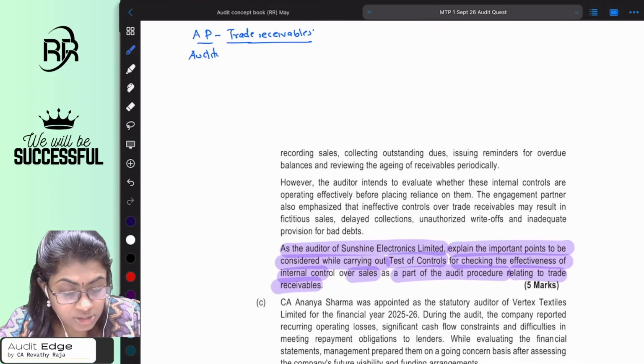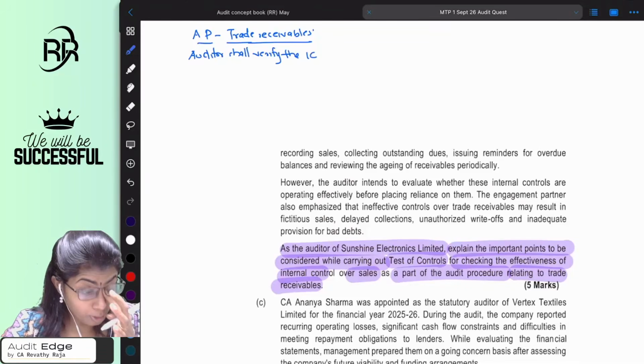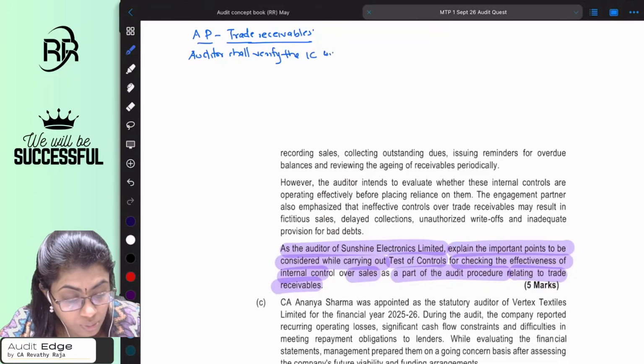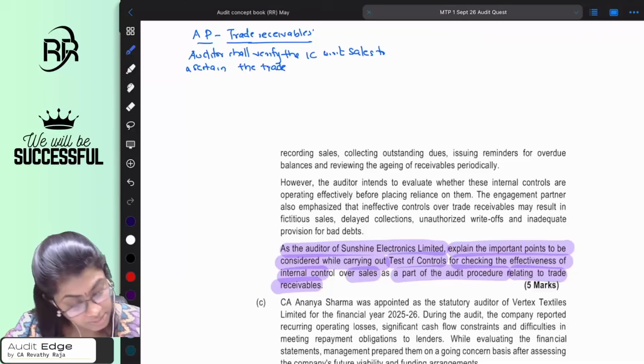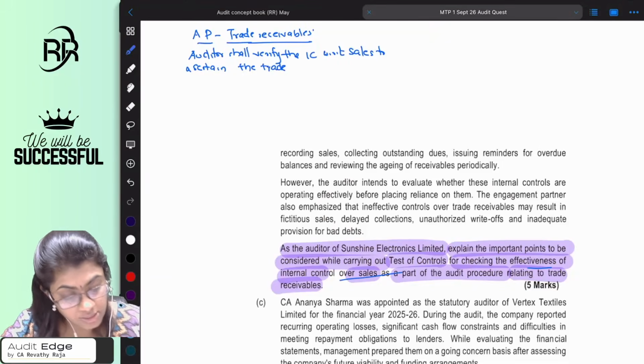Then you can just start writing. Auditor shall verify the internal control with respect to sales to ascertain the effectiveness of sales and trade receivables.